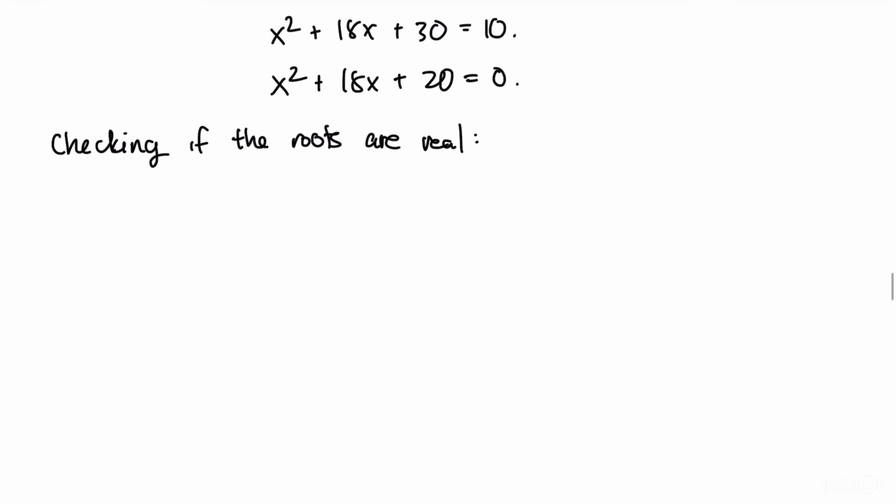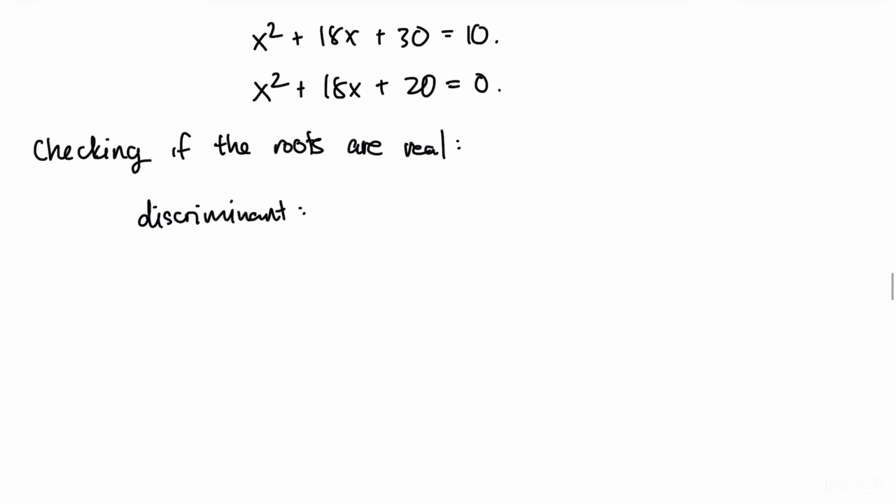So the discriminant is 18 squared minus 4 times 20. So this is clearly greater than 0, so therefore the roots are real.